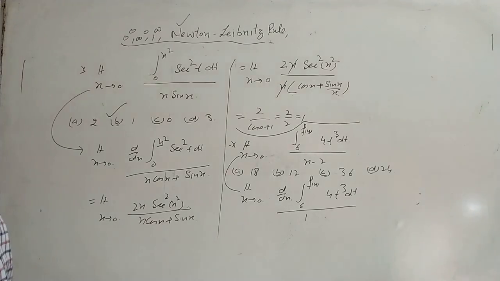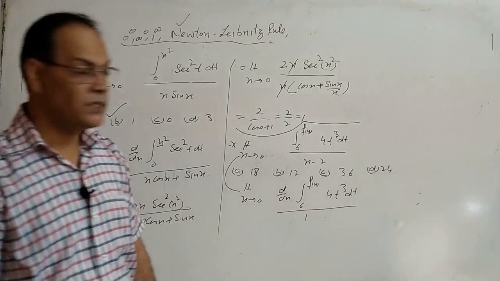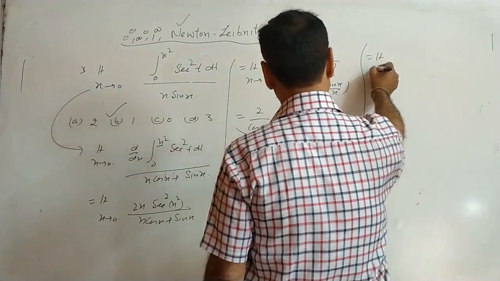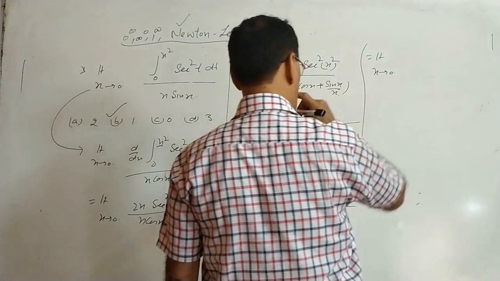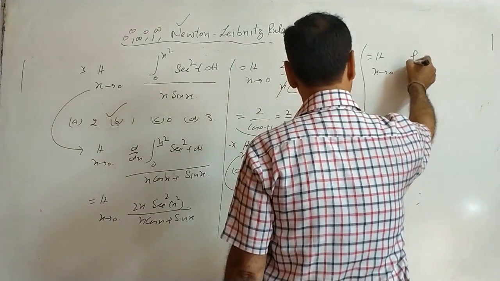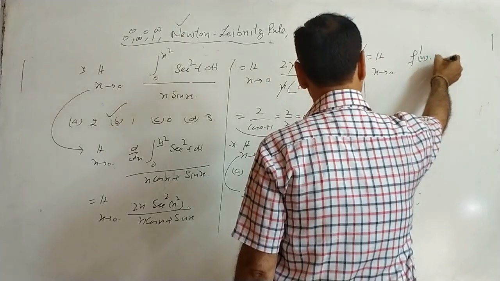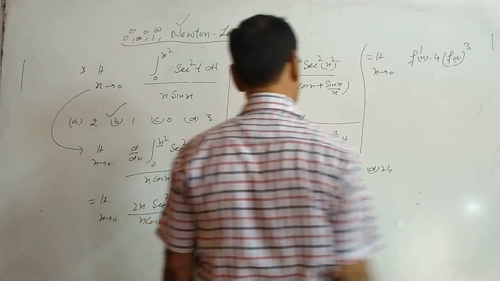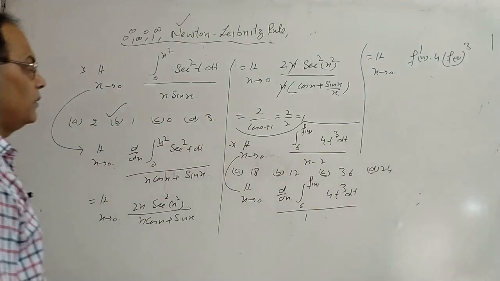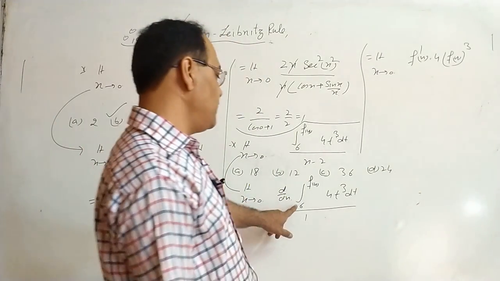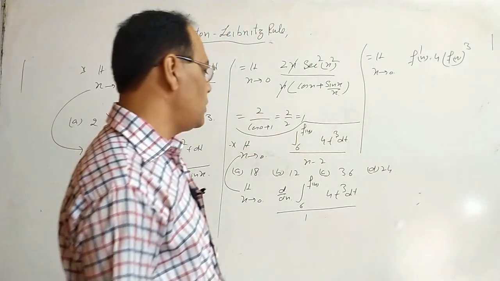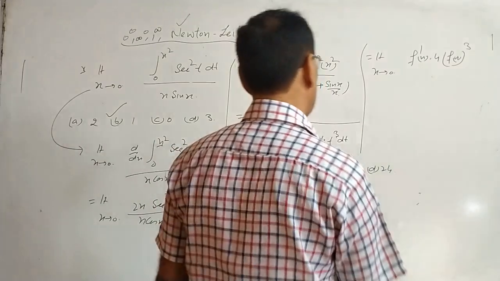But in the differentiation of the numerator we will use the Newton-Leibniz rule again. So this is limit x approaches to 0, derivative of f x, and substituting, it is f of x cube, minus the differentiation of 6, that becomes 0. It means the second part becomes 0. The denominator is 1, no need to write.